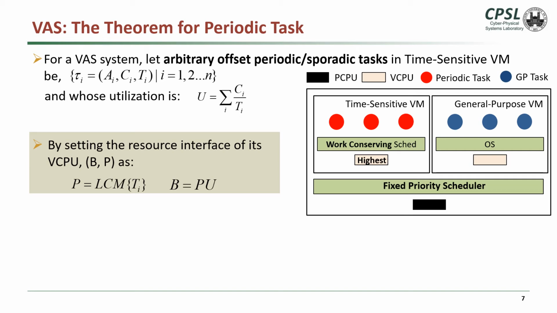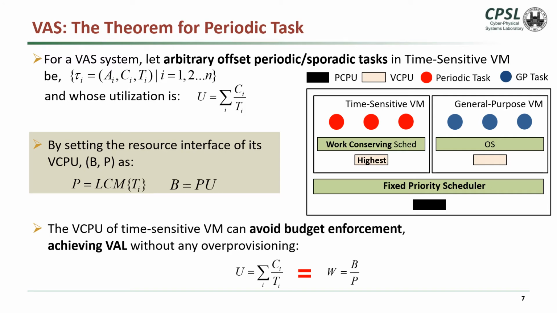You just set the period of your vCPU to be the hyperperiod of your task set, which is the least common multiple of all the Ti, and then set your budget to be the period times the utilization. By setting that, the vCPU can avoid budget enforcement and achieve VAL without any overprovisioning, which means you just provide the CPU bandwidth the task set needs, since the bandwidth is equal to the utilization of the task set.